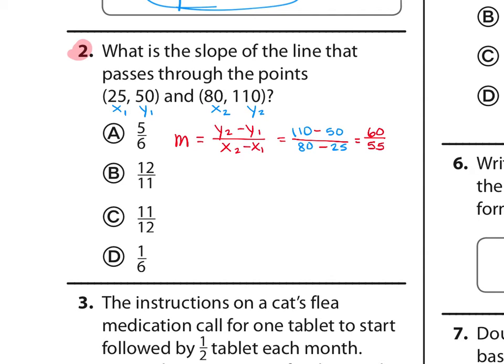And we do need to go ahead and reduce this. Both 60 and 55 will divide by 5. And we get 12 over 11 for the slope. Notice it is an improper fraction, and that's okay. We're going to usually leave them in fraction form, even if it's an improper fraction, when dealing with slope.